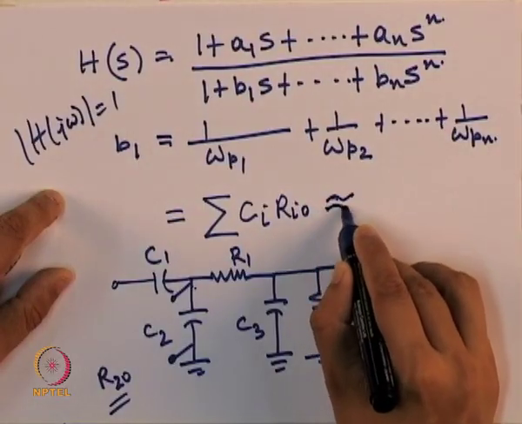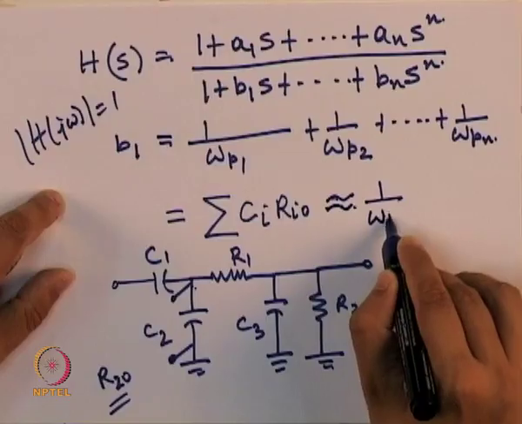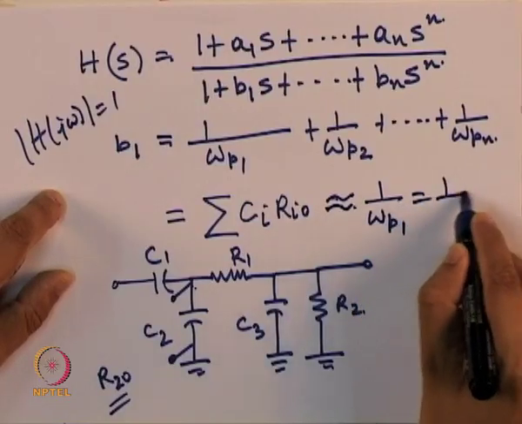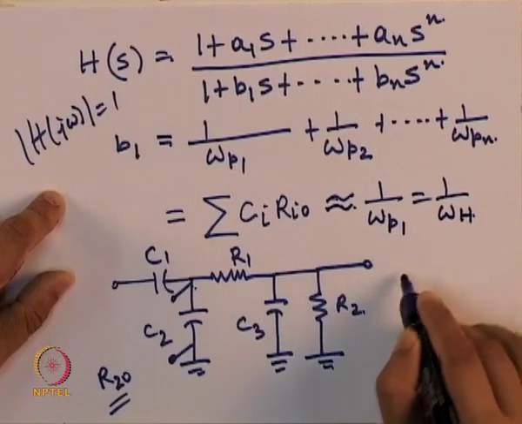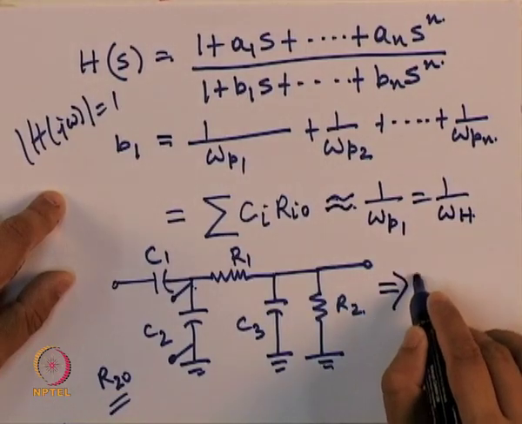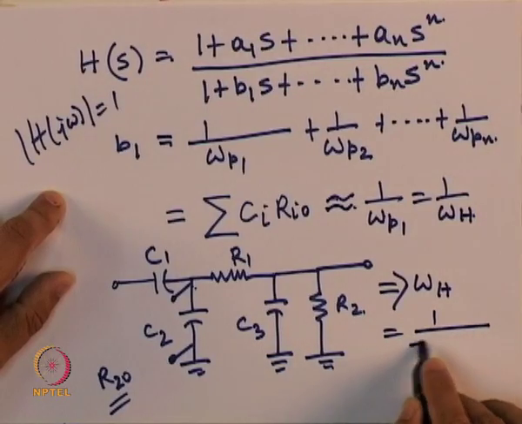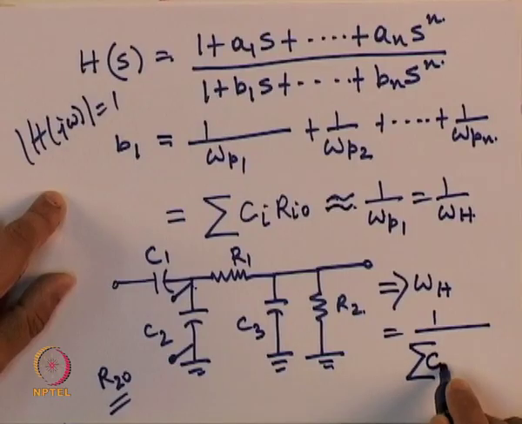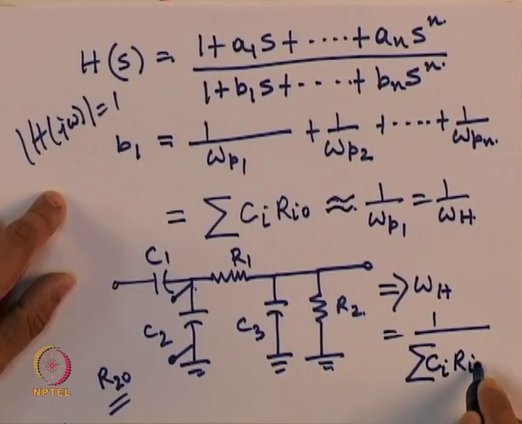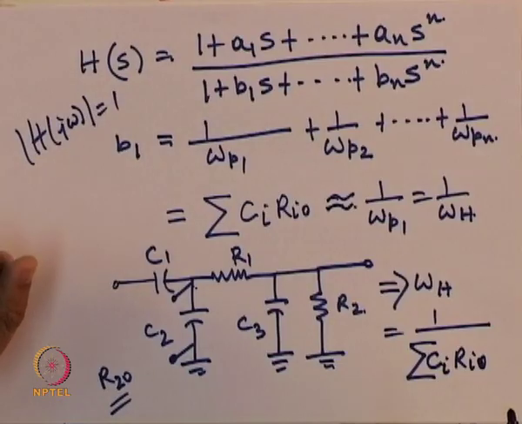This can be written as 1 upon omega p1, which is equal to 1 upon omega h. Hence, omega h will be simply equal to 1 upon the summation of C_i R_i0. Okay.